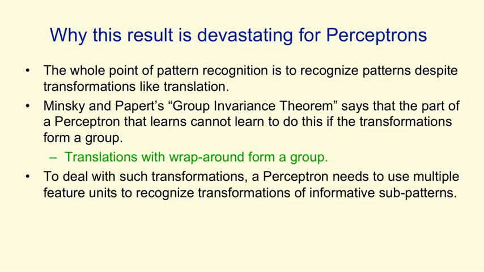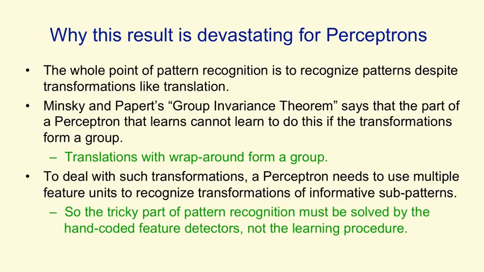So we have to have multiple feature units that recognize informative subpatterns that tell you something about what class it is, and we have to have separate feature units for each position of those informative subpatterns if we're trying to recognize under translation. So the tricky part of pattern recognition has to be solved by the hand-coded feature detectors, not the learning procedure.